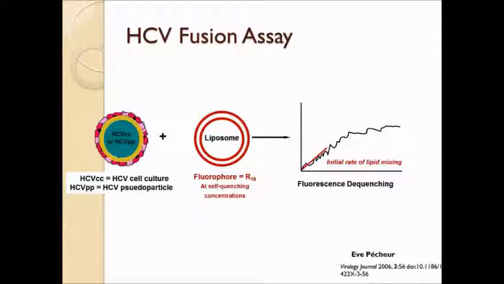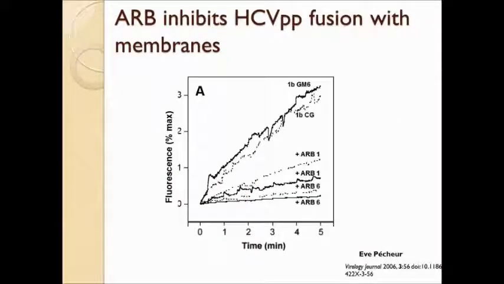So this is a surrogate for a point in the hepatitis C virus entry pathway into cells. Yves was able to show, here's the fluorescence recovery with a couple different genotyped pseudoviruses. You get nice recovery of fluorescence, but Arbidol causes dose-dependent inhibition of this recovery. This indicates that Arbidol is inhibiting the fusion of HCV pseudoparticles with membranes.